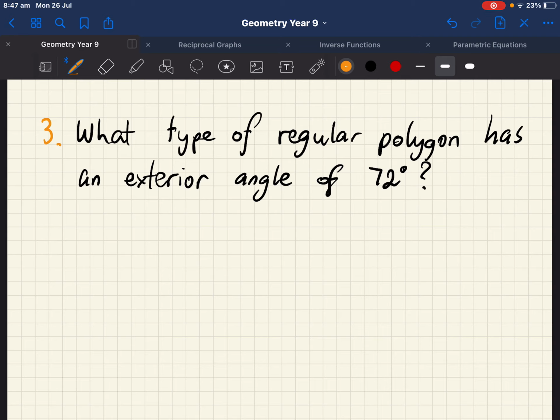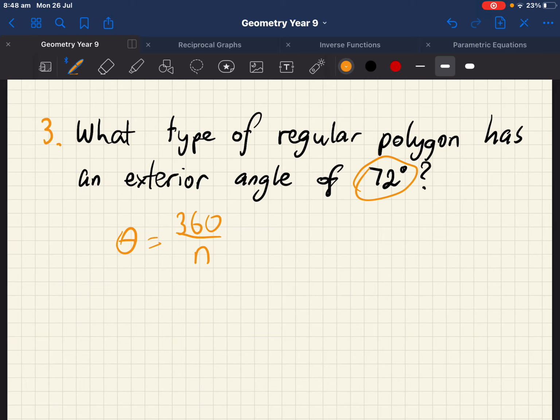Right, so for this one here, probably the easiest way to do it is we know the exterior angle is 360 divided by the number of sides. What I would personally suggest you do, purely because it is actually the easiest way, just sub in different values of n. Try a 3-sided shape, try a 4-sided shape, try a 5-sided shape, and see which one gives you an exterior angle of 72 degrees.